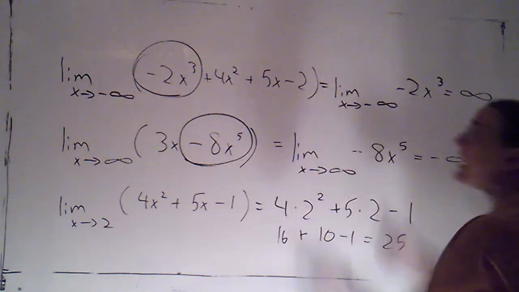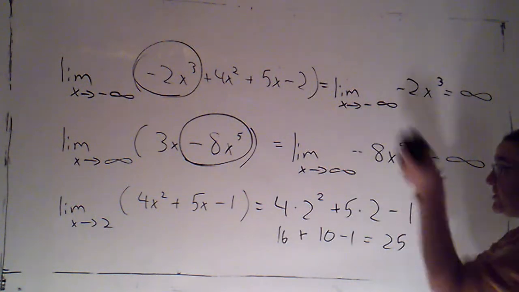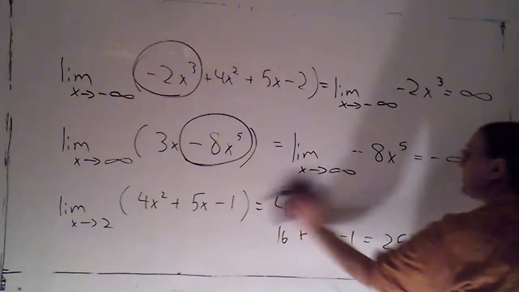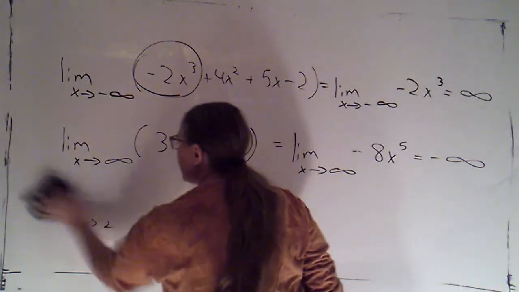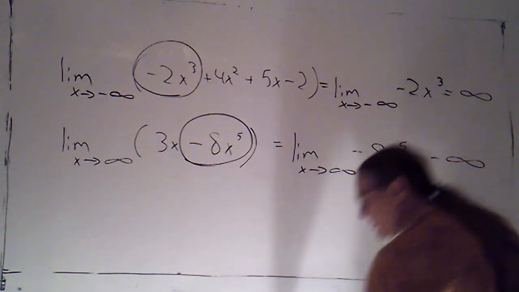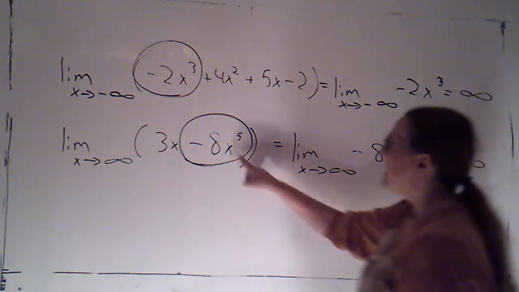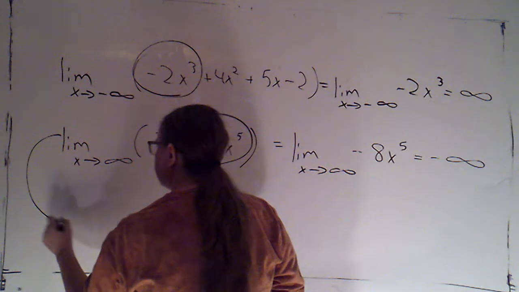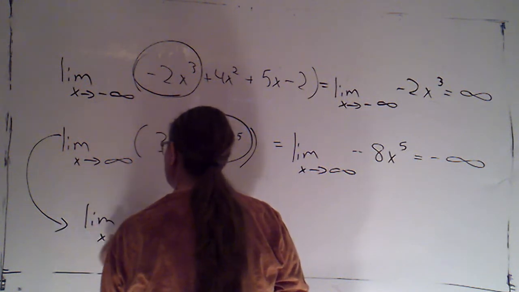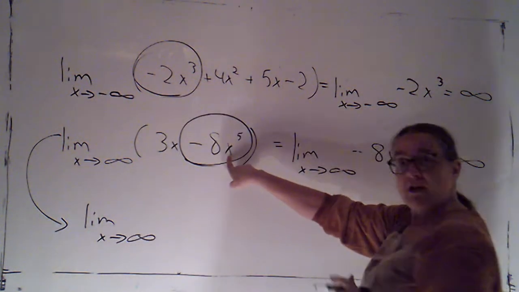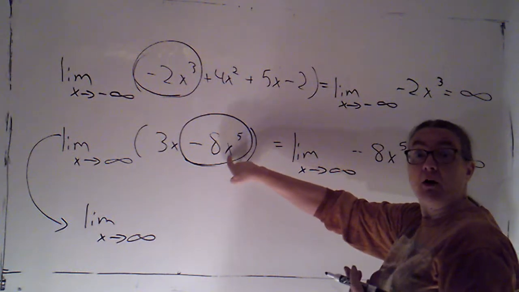All right. Now, this is how I would work through these. I would just say I'm going to look at the lead term. Let's just do this second one by doing the factoring in case some of you prefer to work through things that way. So here, I could say that this is the same as the limit as x goes to infinity, and what I want to do is factor out the biggest power. Okay.